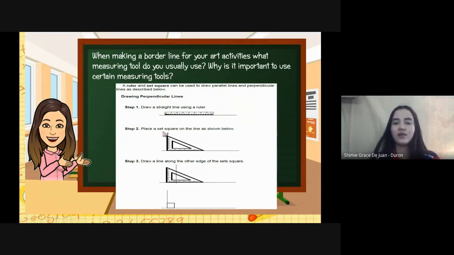We can also use the set square or the triangle so that we can draw the vertical line, so that we have already two lines for us to make perpendicular lines. So these are some tips so that you can easily draw perpendicular lines and parallel lines and also intersecting lines.